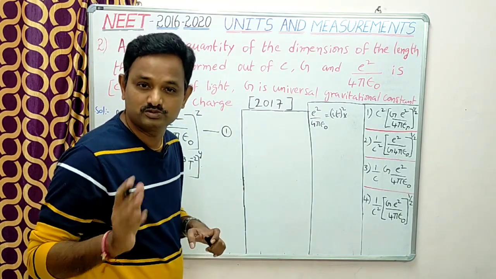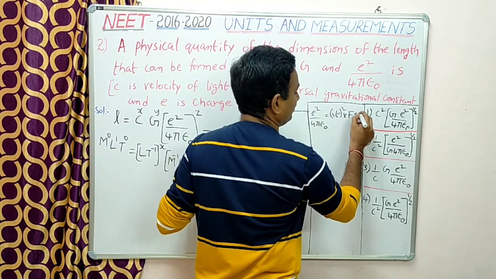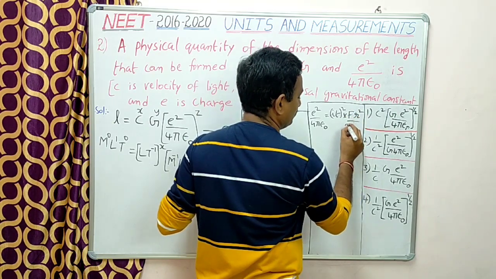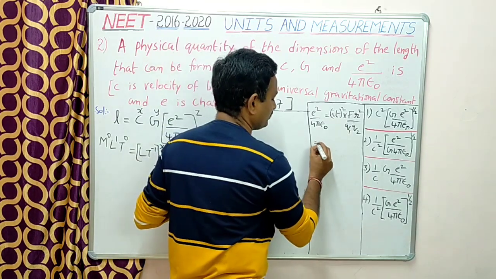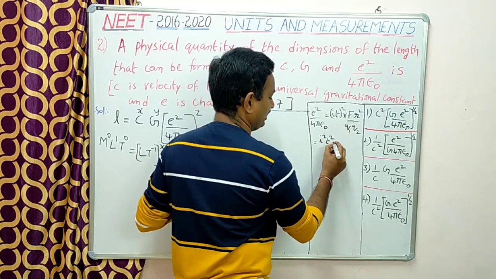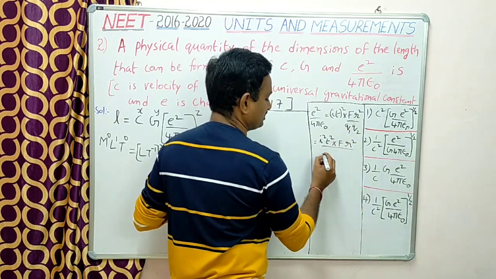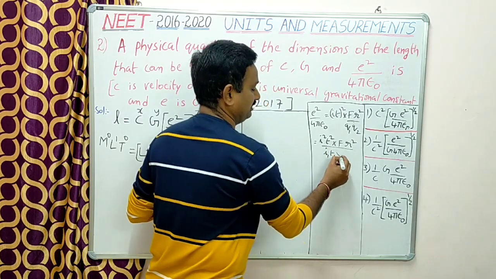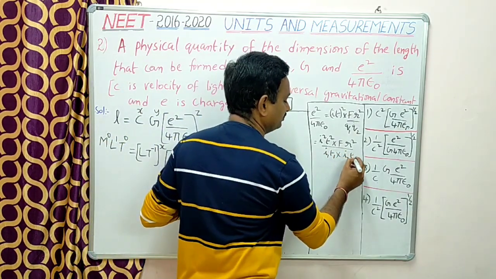Now I will apply Coulomb's law, that is F r square by Q1 Q2. See here, I square t square into F r square. Q1 means I1 T1 into Q2 means I2 T2.